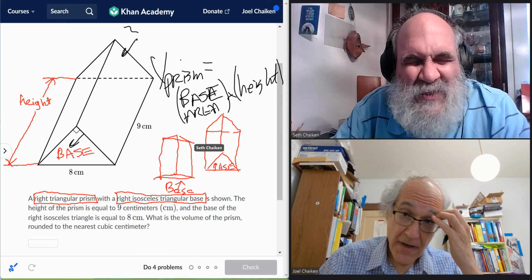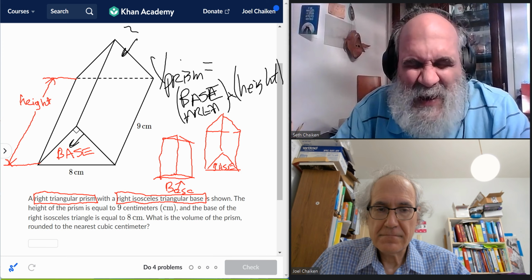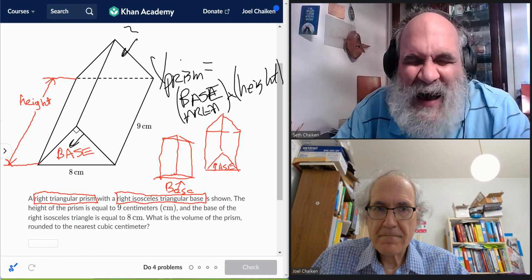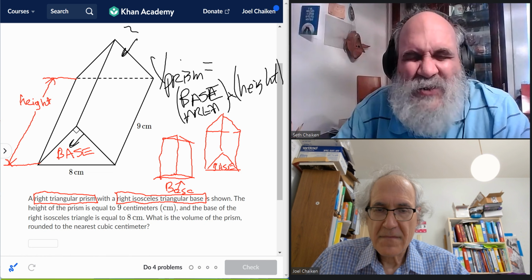But here the base is standing up, and the height is really how far it goes back. I like to think of it as the length of the prism.